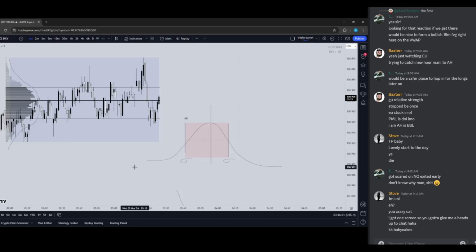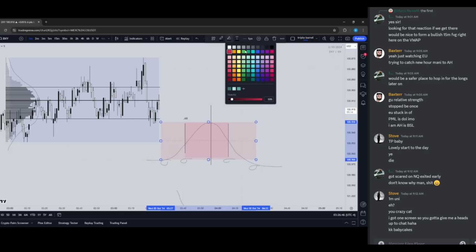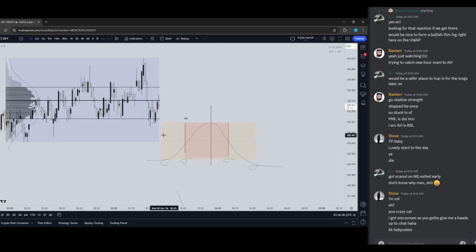Then if we go to 2 standard deviations, sigma 2, 95% of the data plotted or scattered sits within 2 standard deviations.